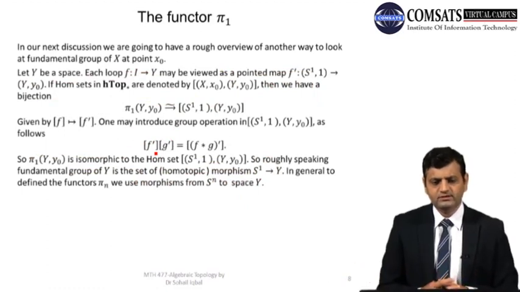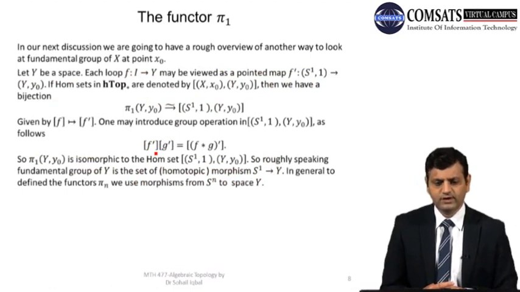So in our next discussion, we are going to have a rough overview of another way to look at the fundamental group of X at the point x naught. So let Y be a space. Each loop f from I to Y may be viewed as a pointed map from (S1, 1) to (Y, y naught).